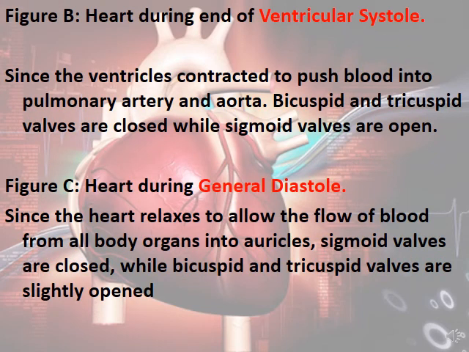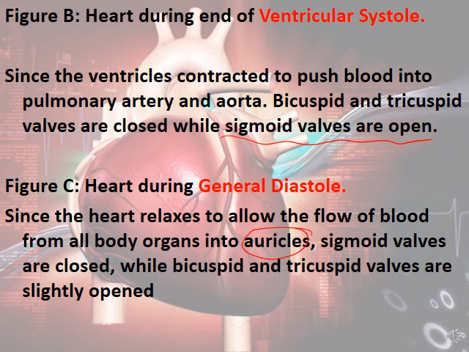Figure B, heart during the end of the ventricular systole. The ventricles contracted to push blood into the pulmonary artery and the aorta. The bicuspid and tricuspid valves are closed while the sigmoid valves are open. Figure C shows the general diastole where the heart relaxes to allow the flow of the blood from all the body organs to the auricles.